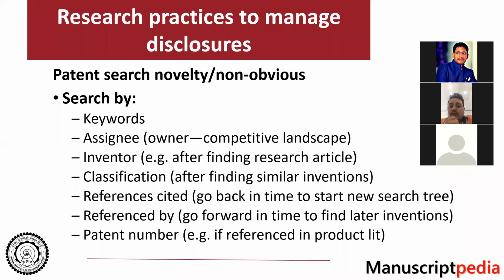How do we know that it is novel or non-obvious? Is it a novel idea or not? So we should search by keyword. For example, if you are searching about some watch, we should search the keywords around that, near to the patent idea which you have in your mind.